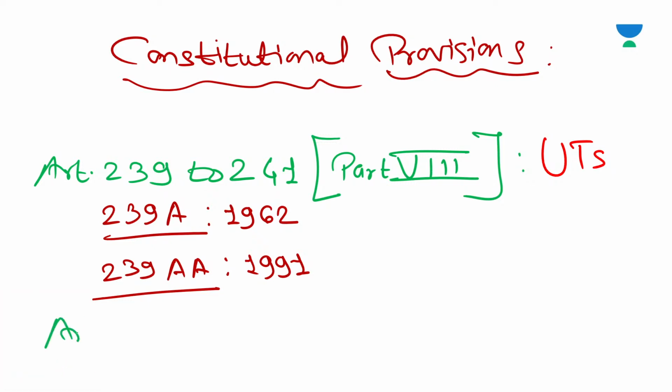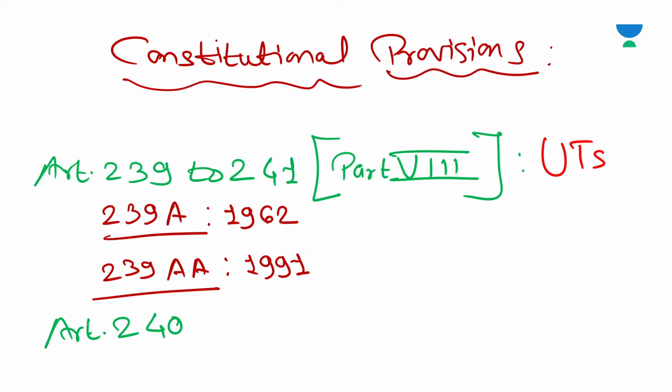Then friends, the next provision is Article 240, which deals with the President's power to make regulations for the peace, progress and good governance of Andaman and Nicobar Islands, Lakshadweep, Dadra and Nagar Haveli, Daman and Diu and Puducherry.